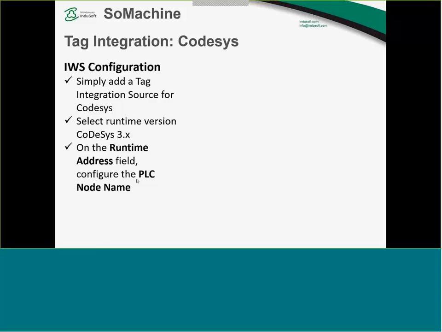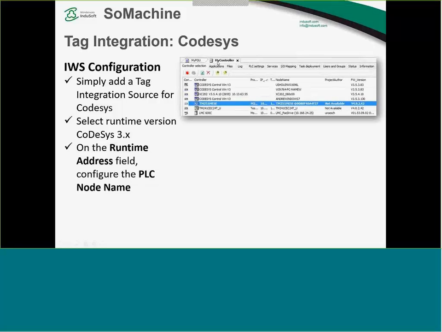In the case of the SO machine, where can you find that? Here's a screenshot of SO machine. In this case, it shows all the PLCs that we have on this network. The information that you have there is the connection type, the type of controller that you're connecting to, and the IP address, for example.